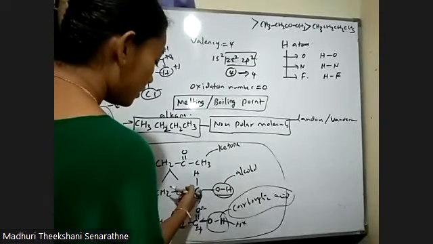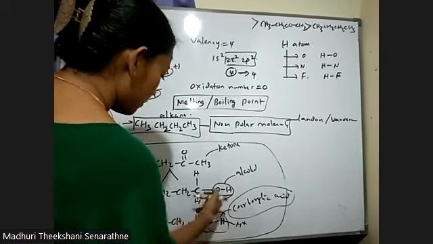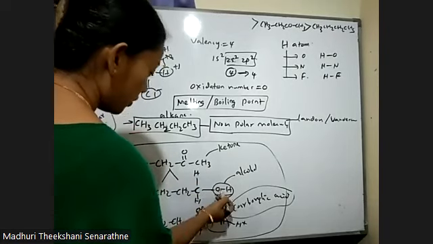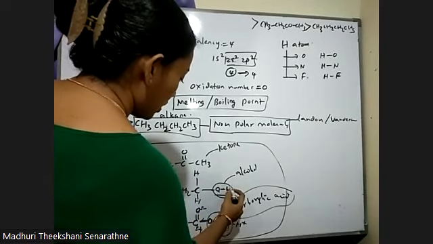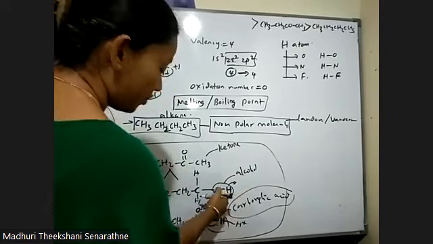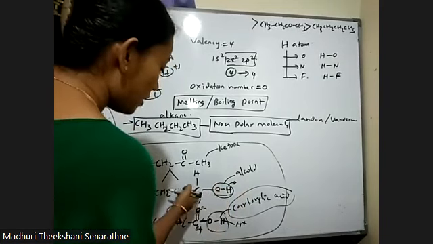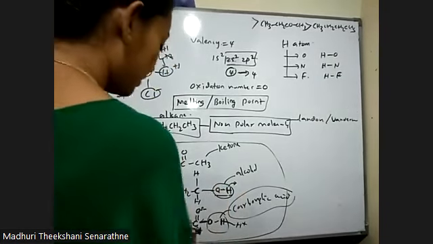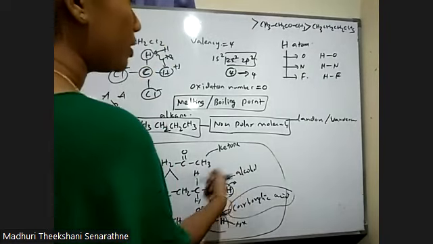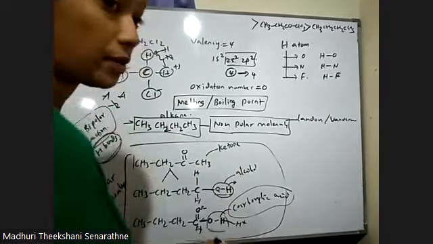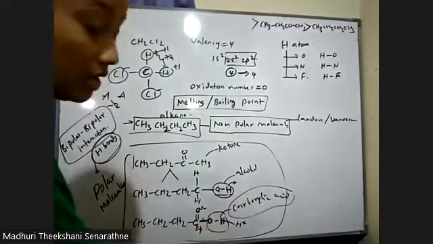Therefore, carbon is not pulling electrons from the oxygen, so it does not help in removing this hydrogen as H plus. Here we are talking about the polarity of the OH bond.